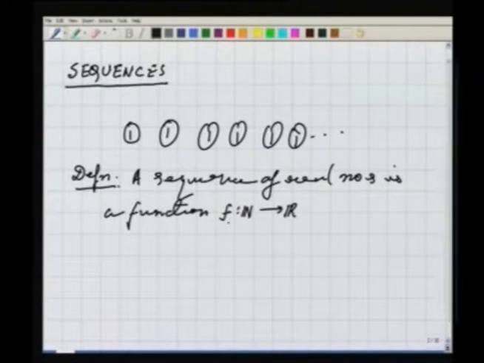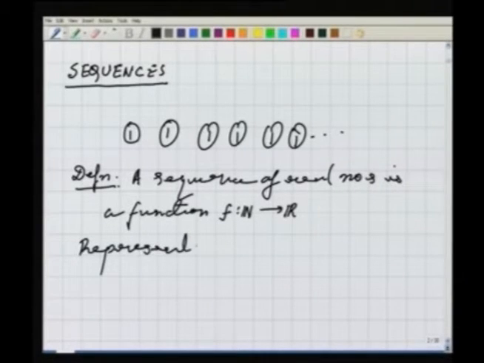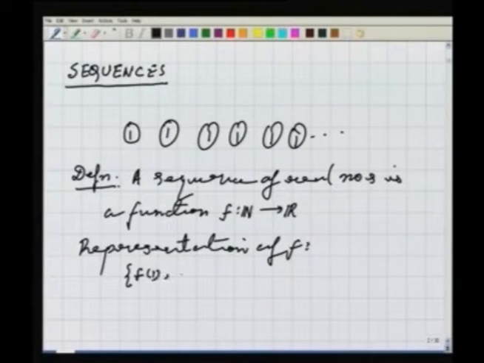Then this function can be represented as f1, f2, f3, f4, and for an arbitrary natural number, fn, and so on.